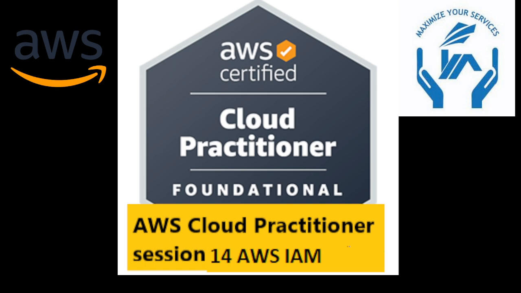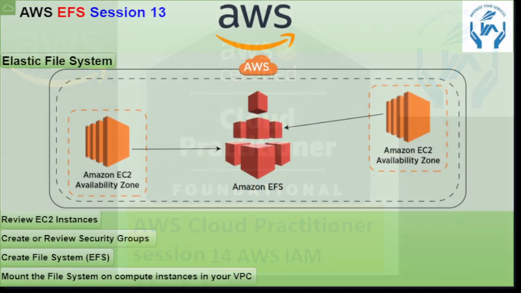The previous session was a short session where we discussed Elastic File System. We reviewed how to create EC2 instances, create security groups, and also create a file system, and mount that file system to the compute instances in your virtual private cloud.